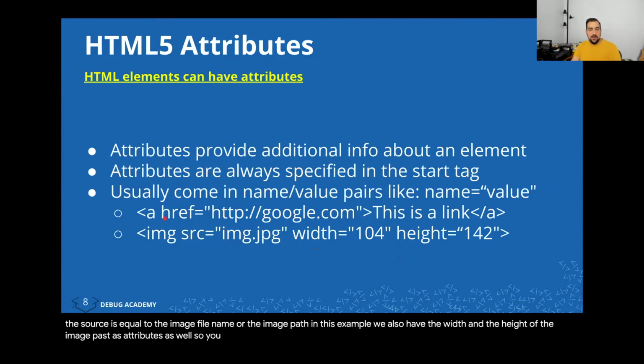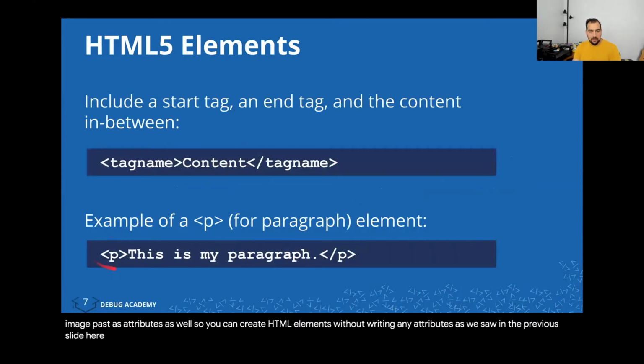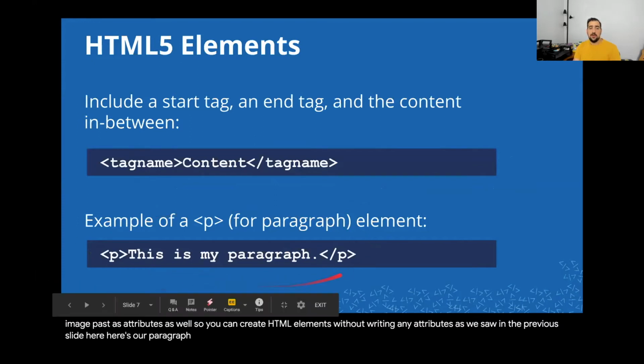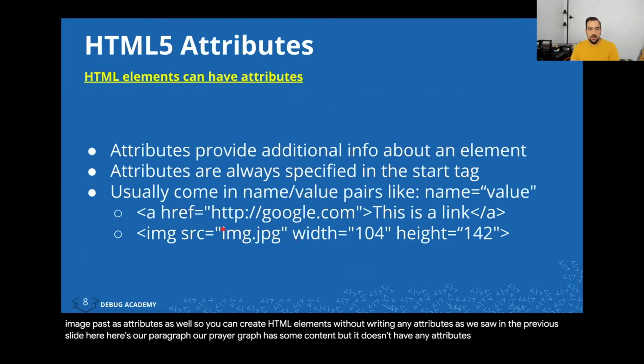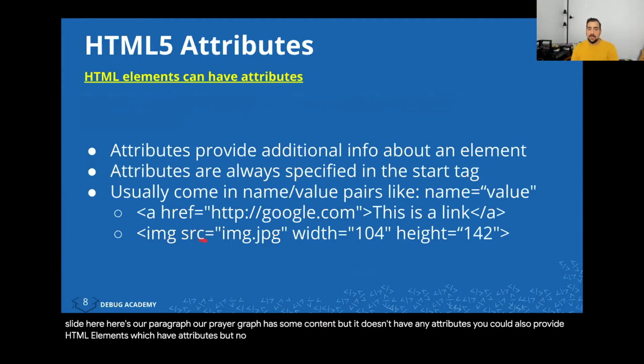So you can create HTML elements without writing any attributes, as we saw in the previous slide here. Here's our paragraph. Our paragraph has some content, but it doesn't have any attributes. You could also provide HTML elements which have attributes but no content. And this image is a good example of that. This image is one of those 5% of tags which will not have a closing tag.